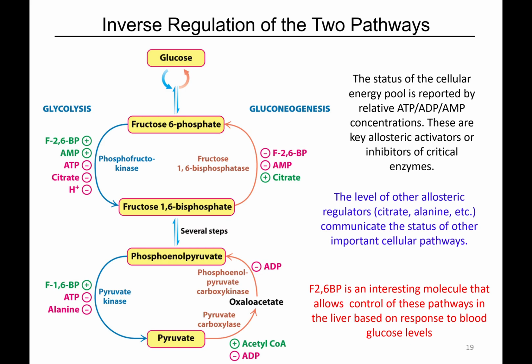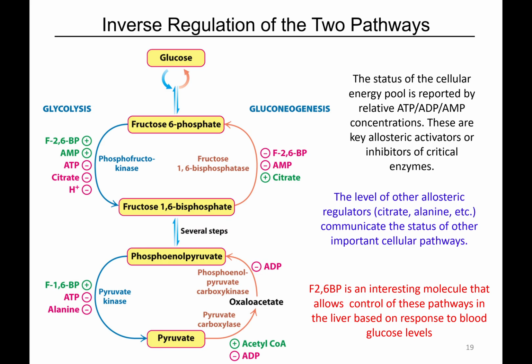So a buildup of citrate inhibits glycolysis, but it activates gluconeogenesis. The same thing goes for alanine and acetyl-CoA. We can make the same arguments, which we'll explore more later. Okay, so this feedback regulation, feedback activation or feedback inhibition based on the energy demands of the cell makes a lot of sense.